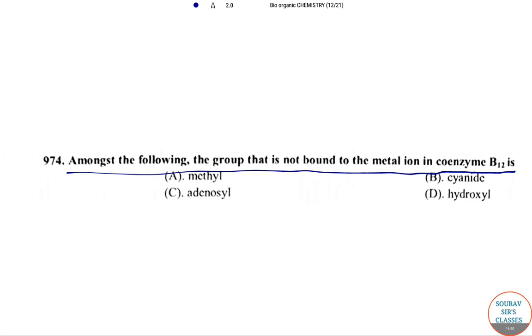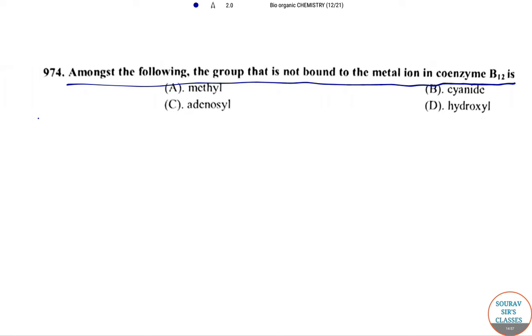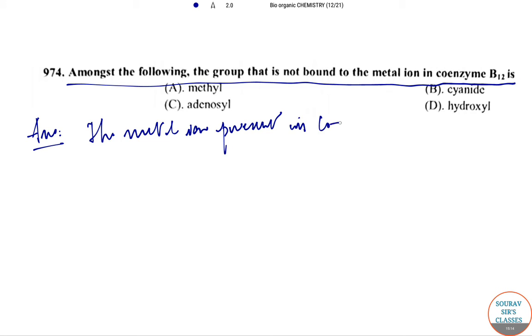So the metal ion present in coenzyme B12, the solution is: the metal ion present in coenzyme B12 is cobalt.